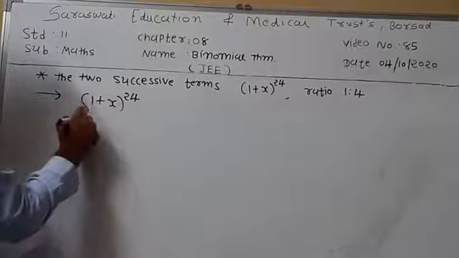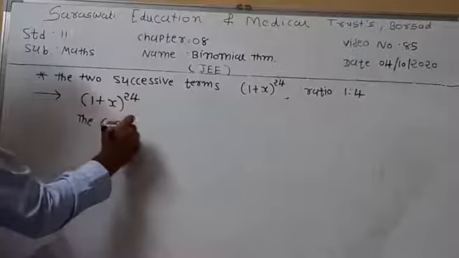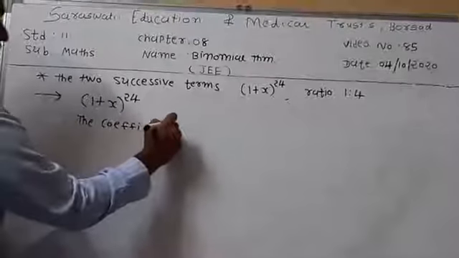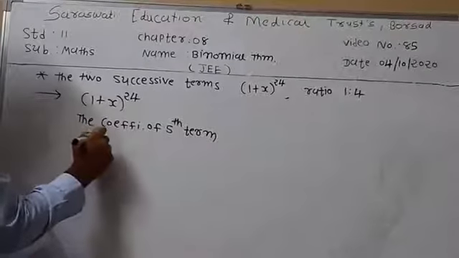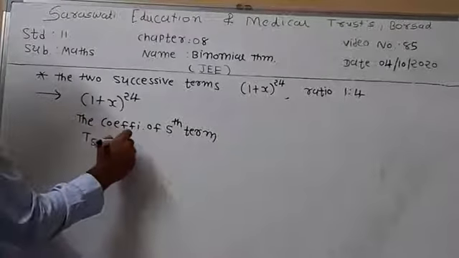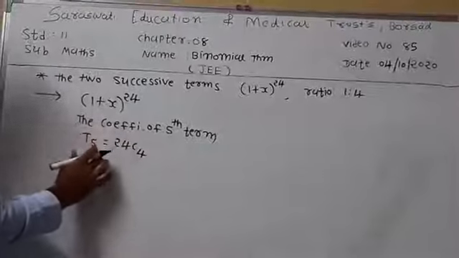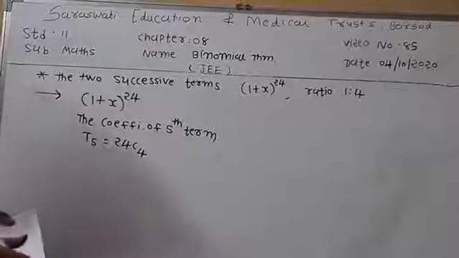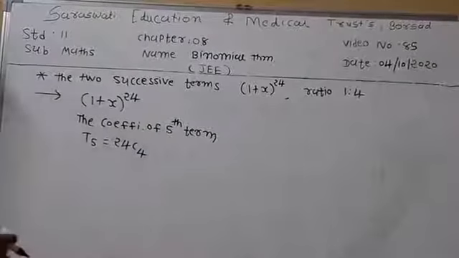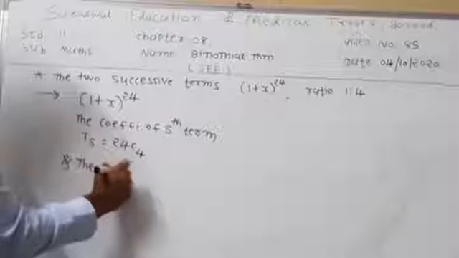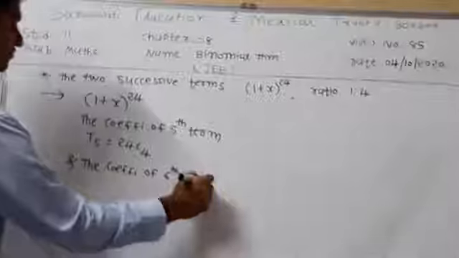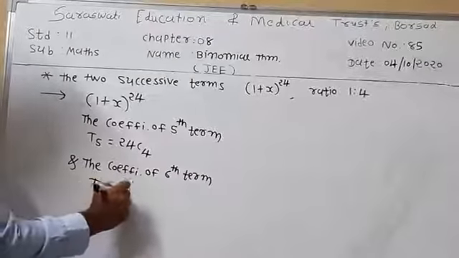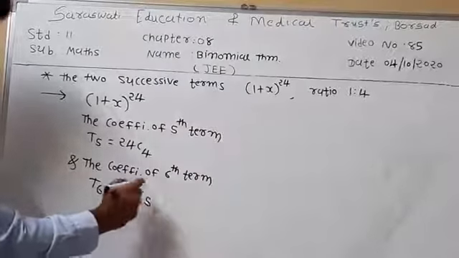So the coefficient of the fifth term, T5, is equal to 24C4. Right, the fifth term is present, so here we can take the 1 as less. In the same way, the coefficient of the sixth term, T6, is equal to 24C5.